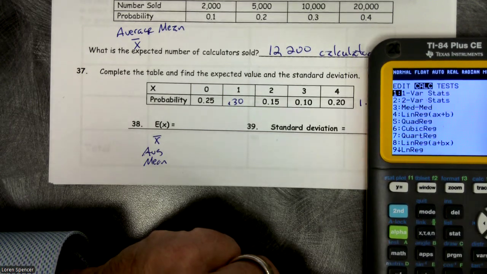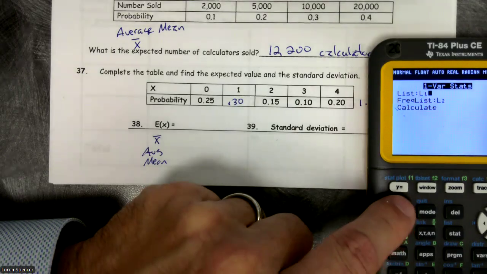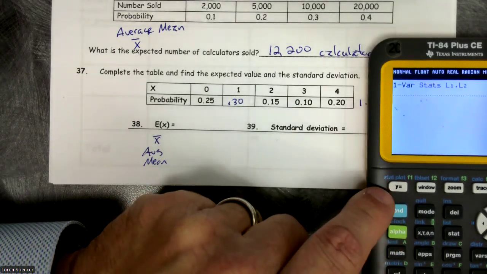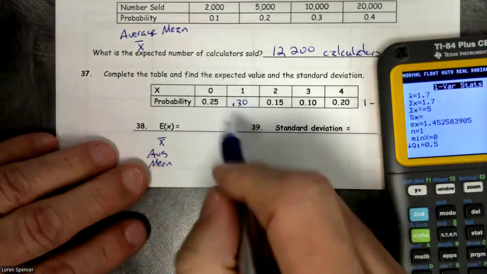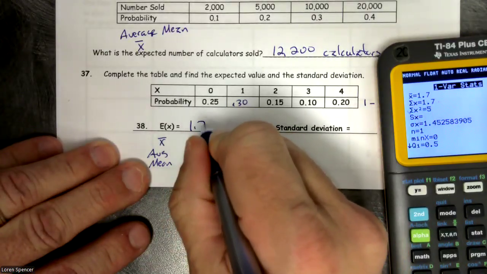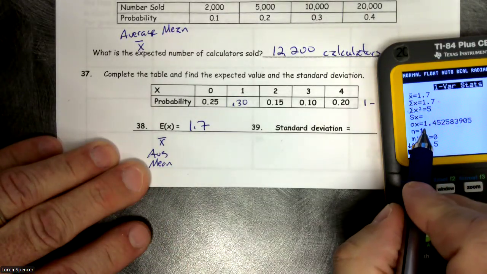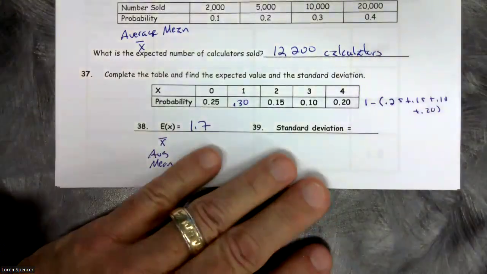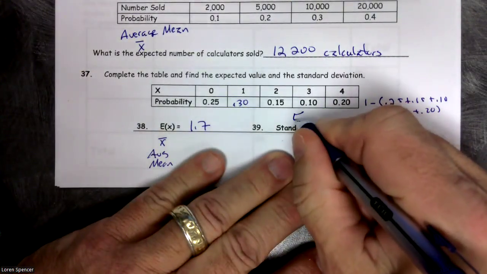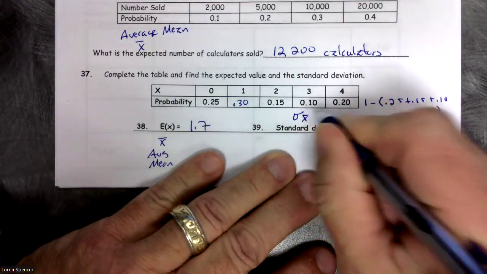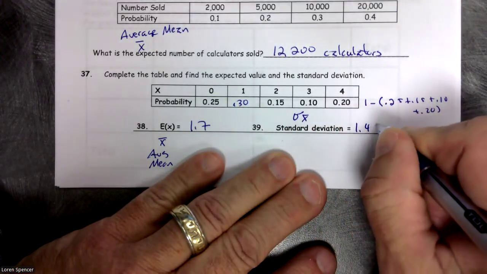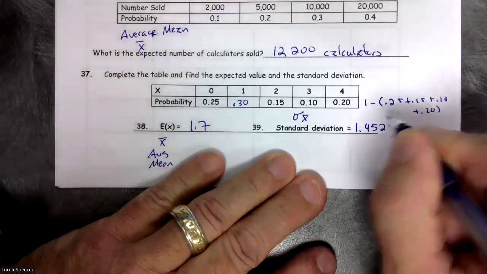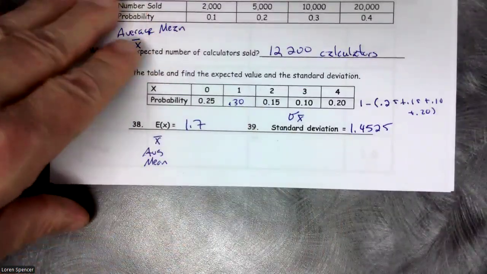So stat calc, one variable statistics, blue 1, blue 2. And we get an X bar or expected value of 1.7. And our standard deviation is 1.4525. Please remember, this is my standard deviation symbol. So 1.4525, and we'll just truncate it and cut it off.